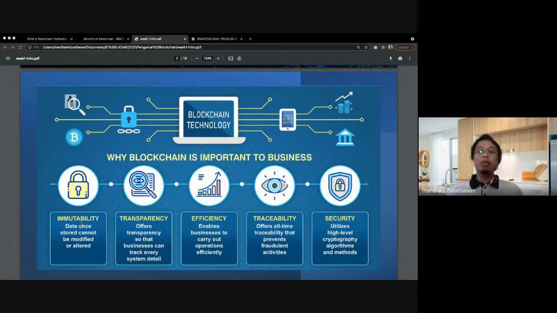You can imagine, for example, your course score from last semester. When the lecturer has input your data into the system, and if you use blockchain, your score will be kept in that form.